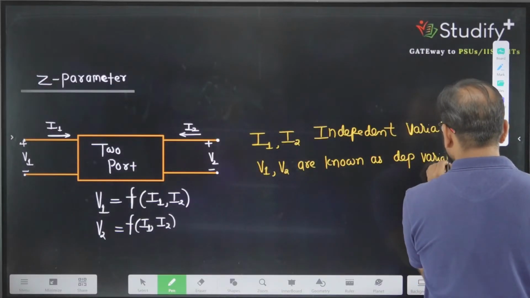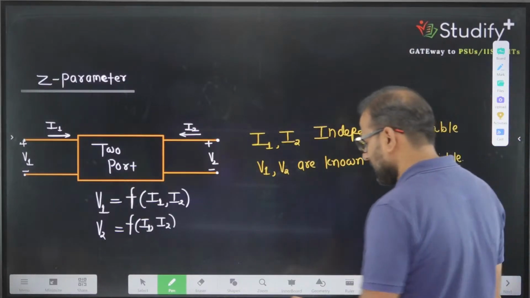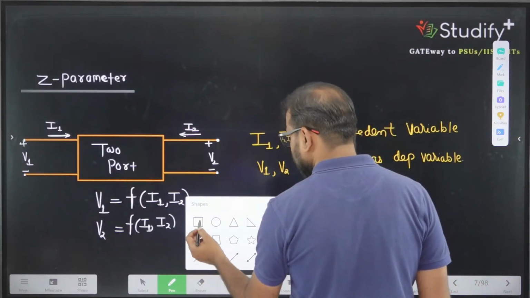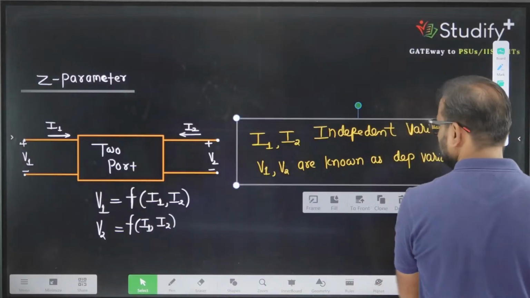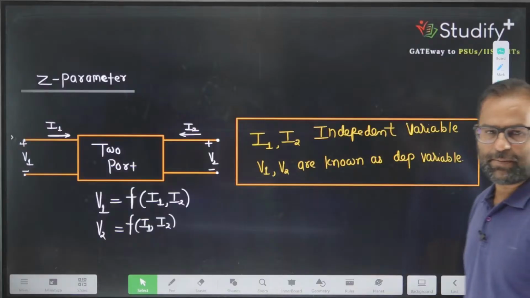So two types of variable available here: independent variable and dependent variable.